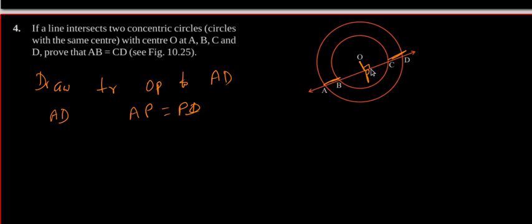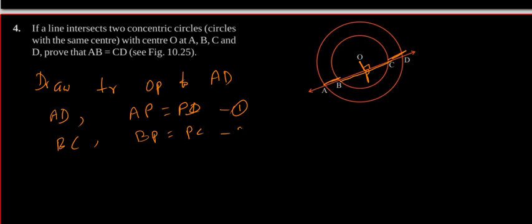So AP equal to PD. And if we take the chord BC, this OP is also the perpendicular bisector. So this chord BC also divides into two equal parts. So BP equal to PC.